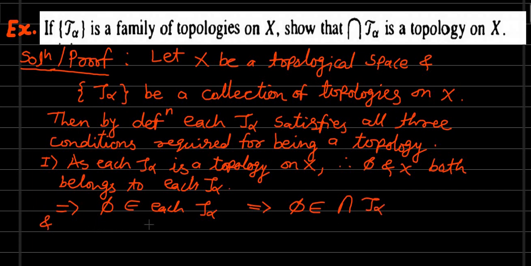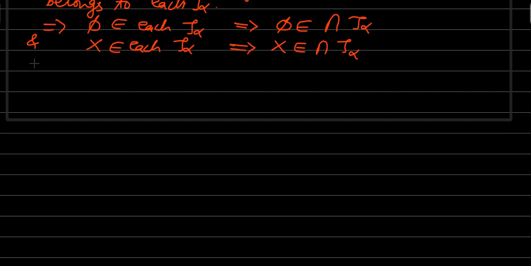And again, as each T_alpha contains X, this means that X belongs to each T_alpha, and again this implies that X belongs to the intersection of T_alpha. In this way we have shown that the empty set phi and the complete set X both belong to the intersection of T_alpha. Hence the first condition is satisfied. Now we will move to the second condition.